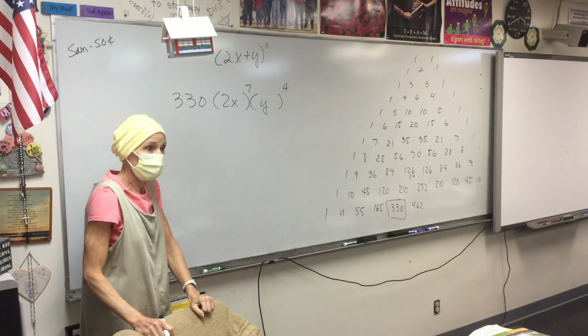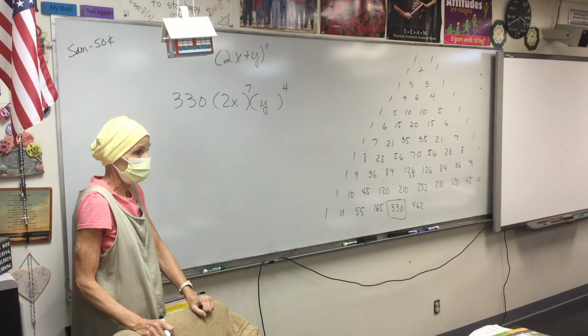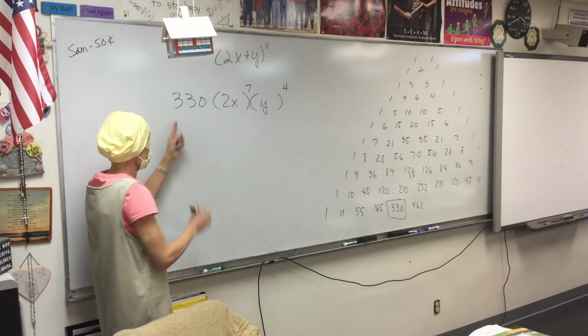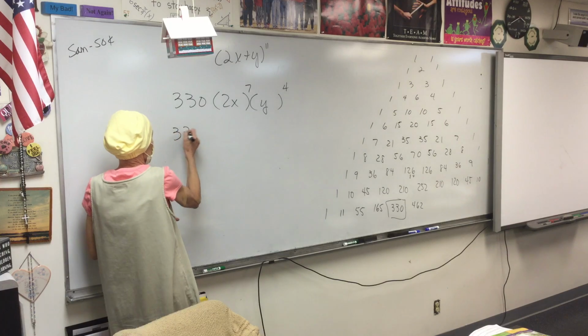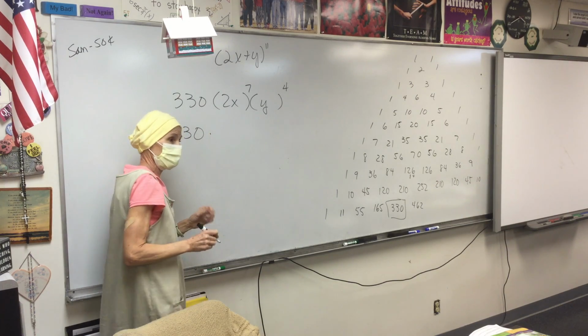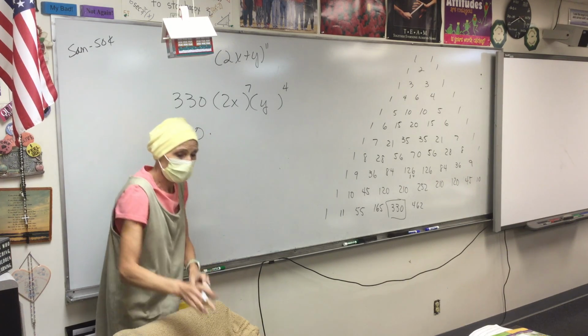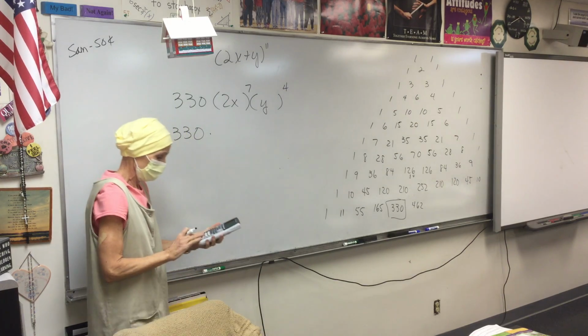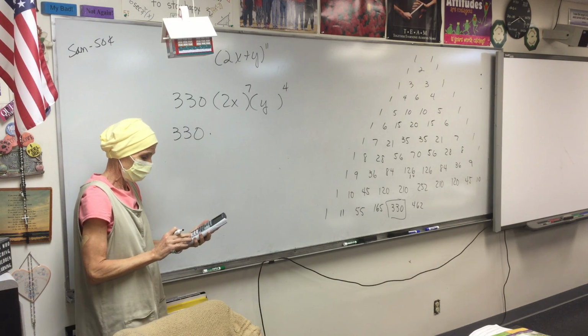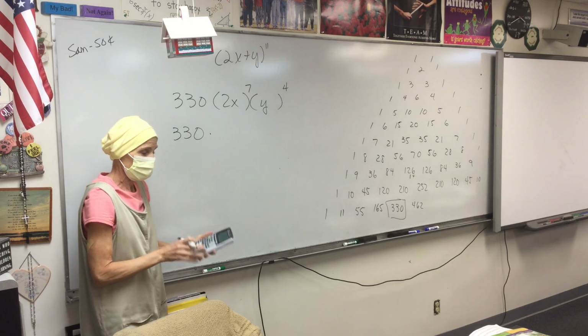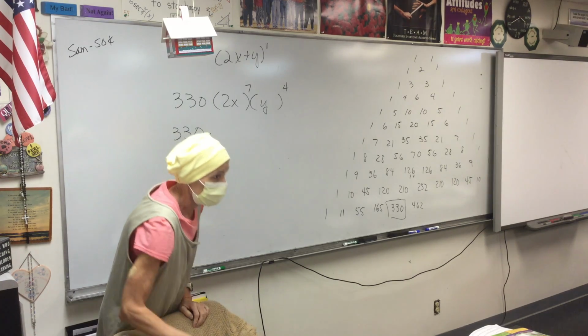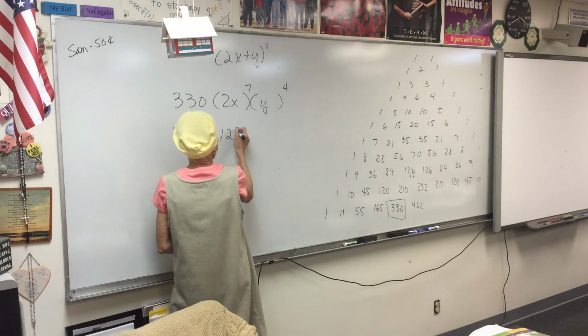Now all we need to do is simplify it. So we've got a 330. Okay, now be careful. That's not a 2. What is it? It's 2 to the 7, which is 128.